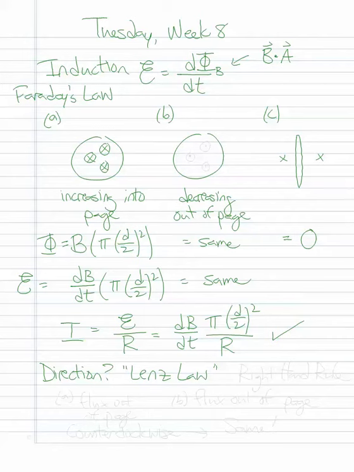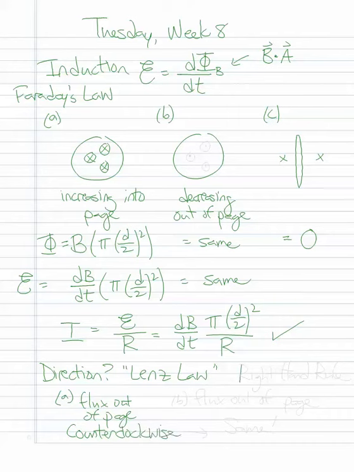In the first case, A, if it's increasing into the page, then the loop itself tries to induce a current that has flux out of the page. When I put my fingers pointing out of the page, my thumb is pointing in a current that is counterclockwise.